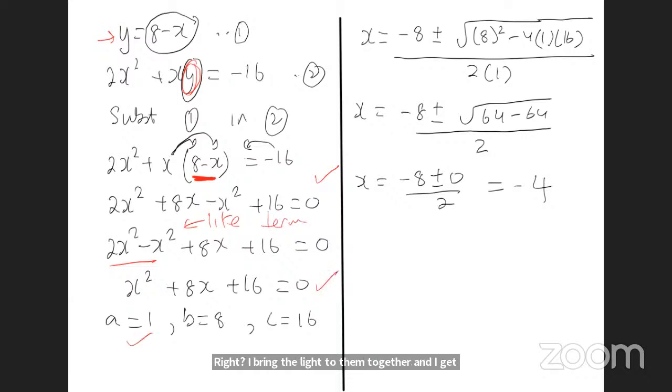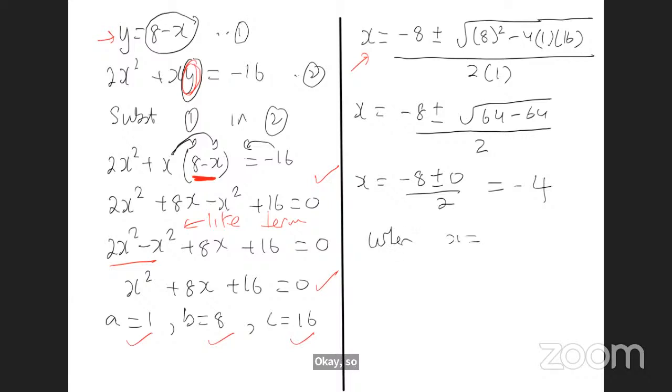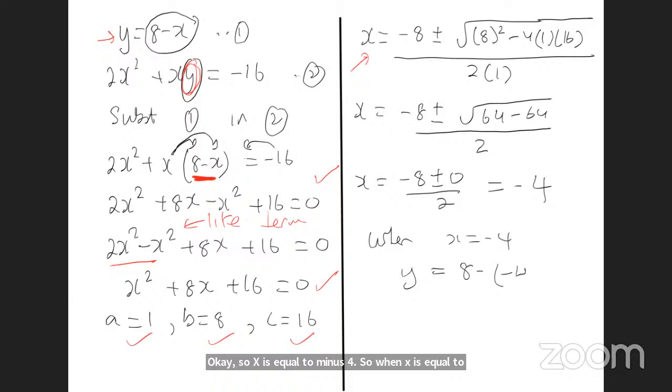I figured out what A, B, and C are, and then I substitute into the quadratic formula. Okay? So x is equal to minus 4. So when x is equal to minus 4, y is equal to 8 minus x. So I got 12. So the answer is minus 4, 12.